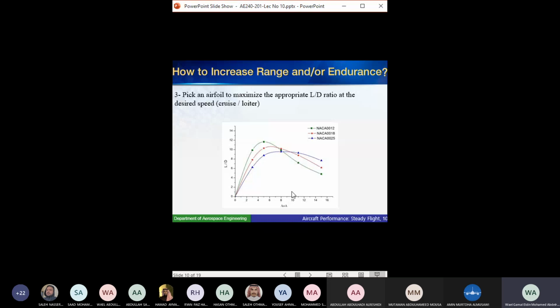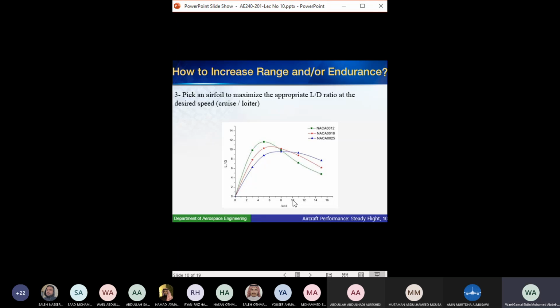The horizontal axis is the angle of attack. So the maximum for this one, the green curve here, is at 5 degrees. For the red curve it is about 6.5 or 7 degrees. And for the blue one, maybe it's around here, almost 7 or 8 degrees. So depending on the cruise speed, I can determine the angle of attack.